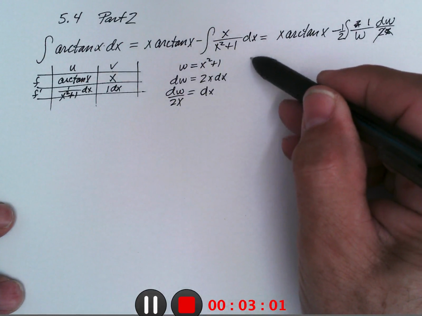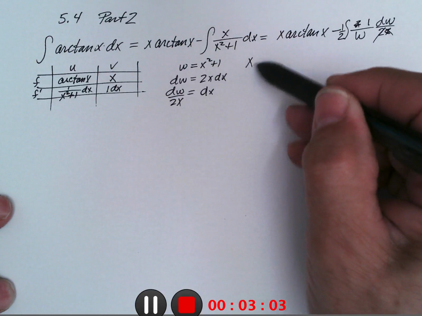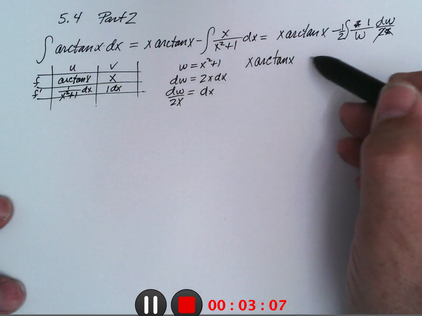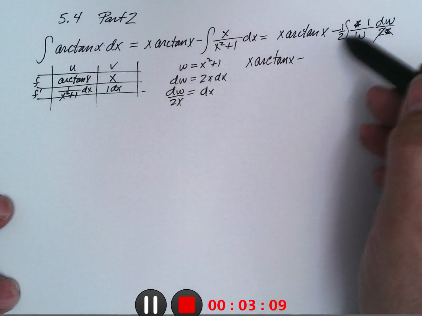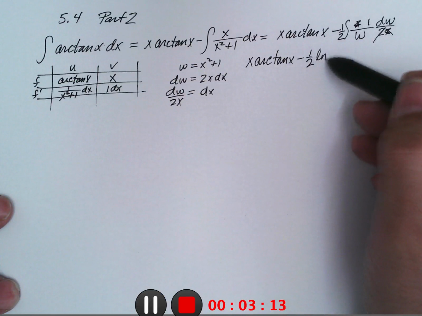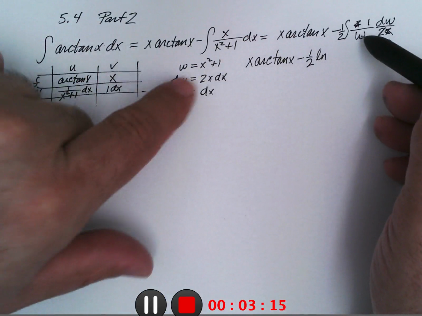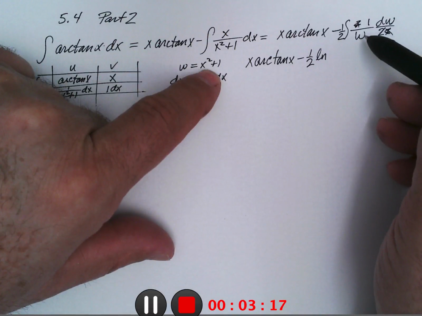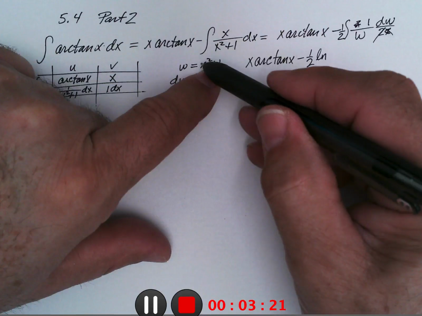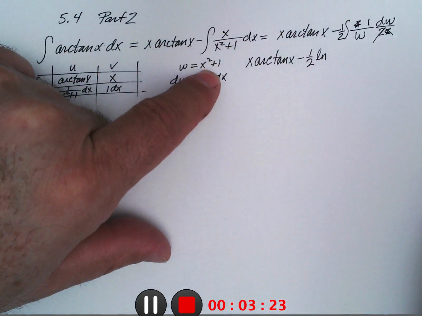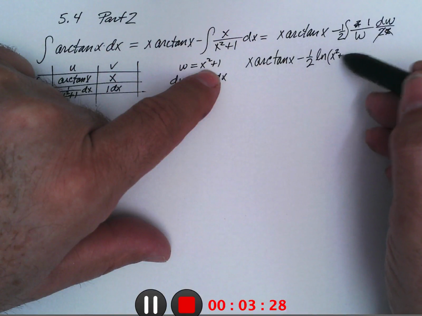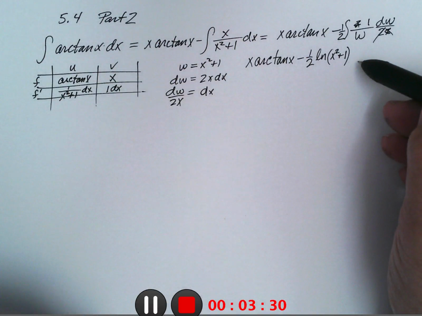So I have x arctangent x minus 1/2 ln of w, but w was x squared plus 1, and I would normally do absolute value, but since x squared plus 1 is never negative, I don't need the absolute value. I get x squared plus 1 and plus c.